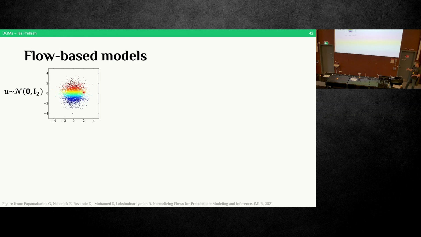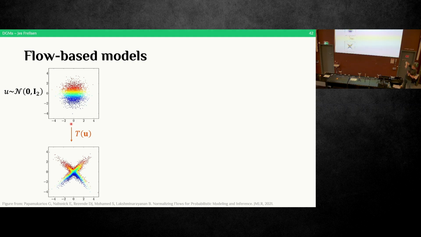Think of it like a ball of modeling clay. Could I push it in different directions, stretch it in other directions to get out a different distribution? And that's the essential idea in flow-based models: I take a normal distribution, sample from it, then apply some transformation of the sample, so transform it into a different distribution.